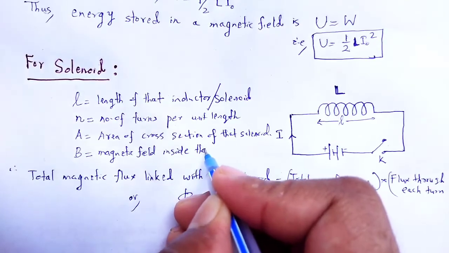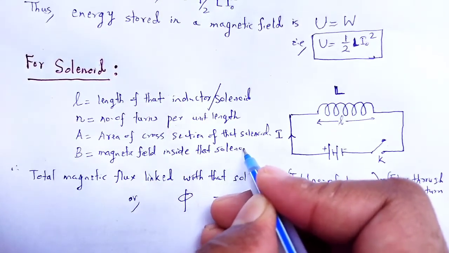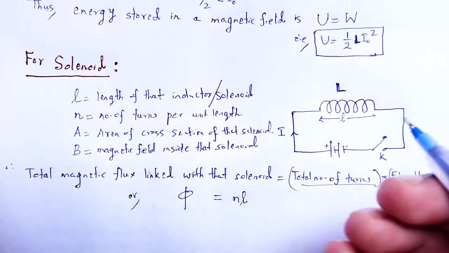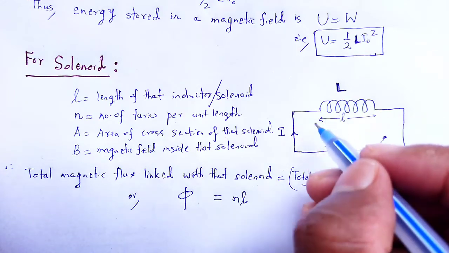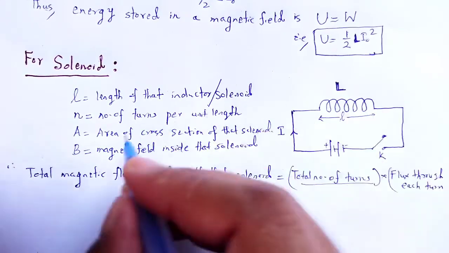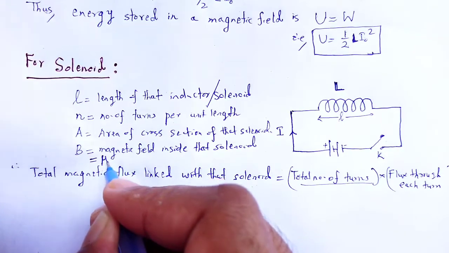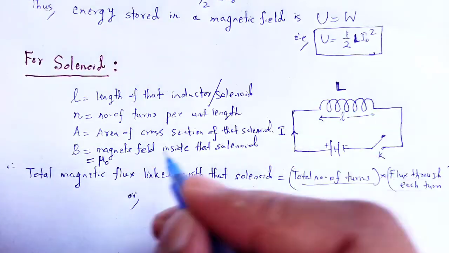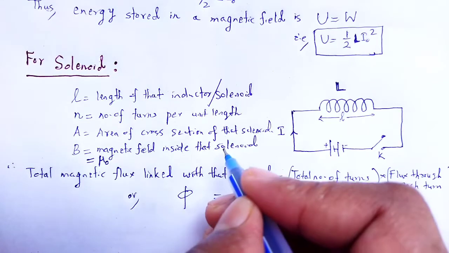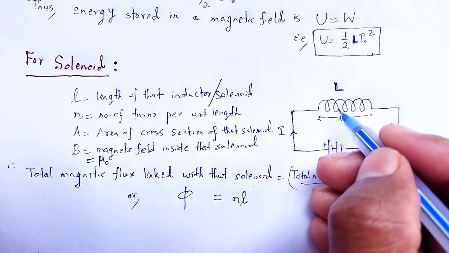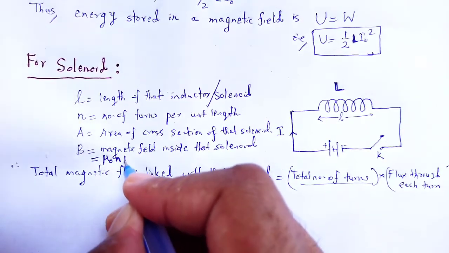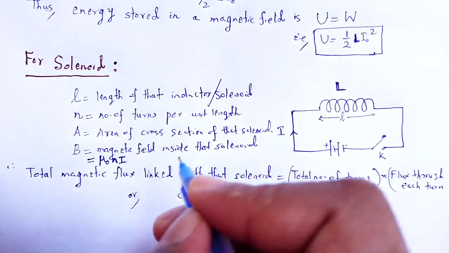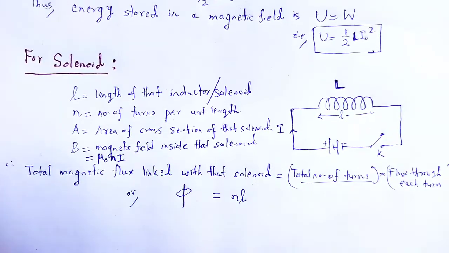If the permeability of free space is mu naught, since the medium is air, then B is mu naught n i.